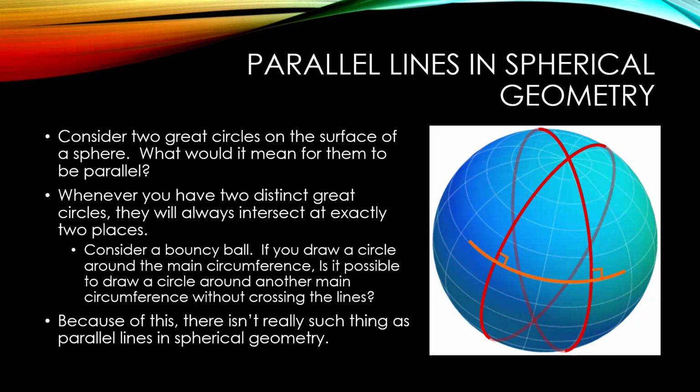A great circle is always going to divide it into 2 equal sections. And no matter how else you cut it, those 2 great circles are always going to intersect at different poles. And so because of this, there really isn't such a thing as parallel lines in spherical geometry.